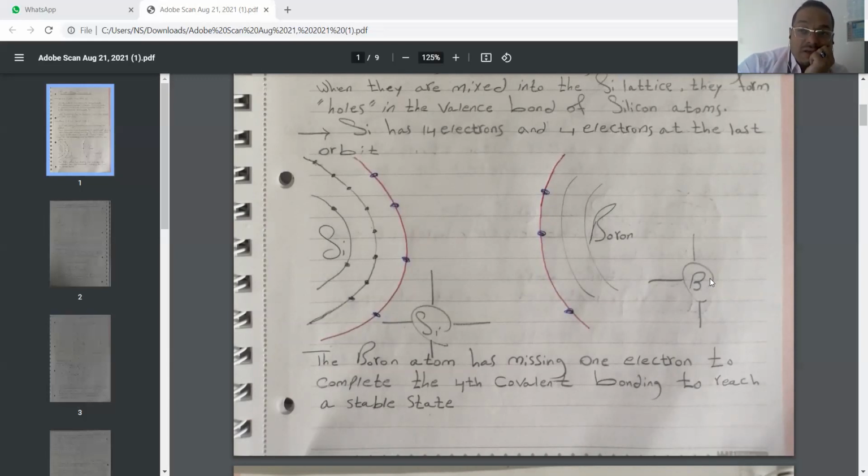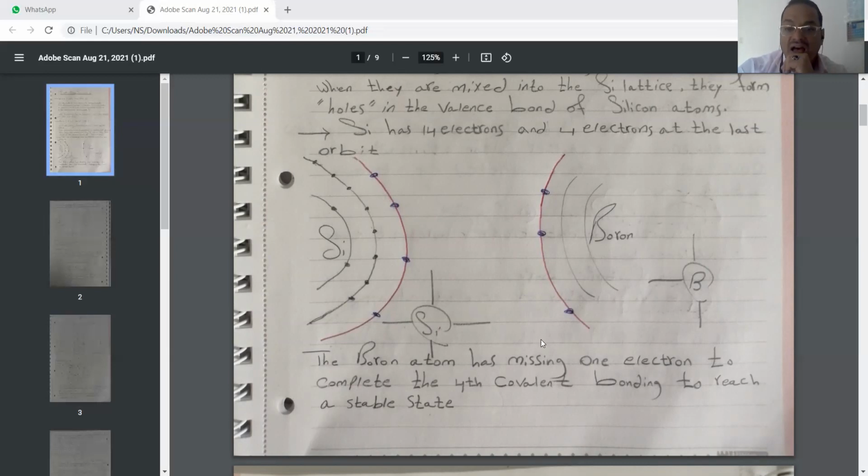Now, the purpose of these 4 legs will be to make this atom reach the stable situation, like silicon. This atom must do that by taking another electron from a neighbor, from another silicon atom.